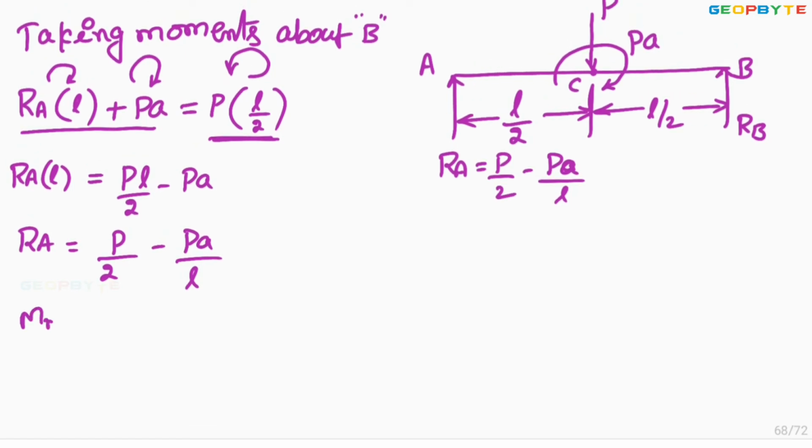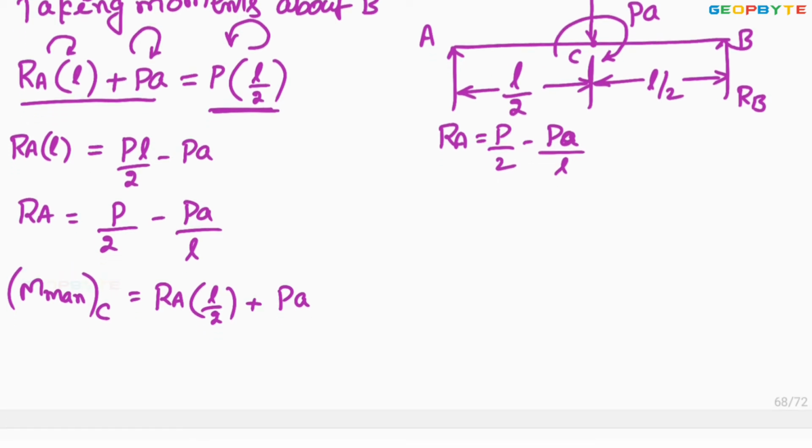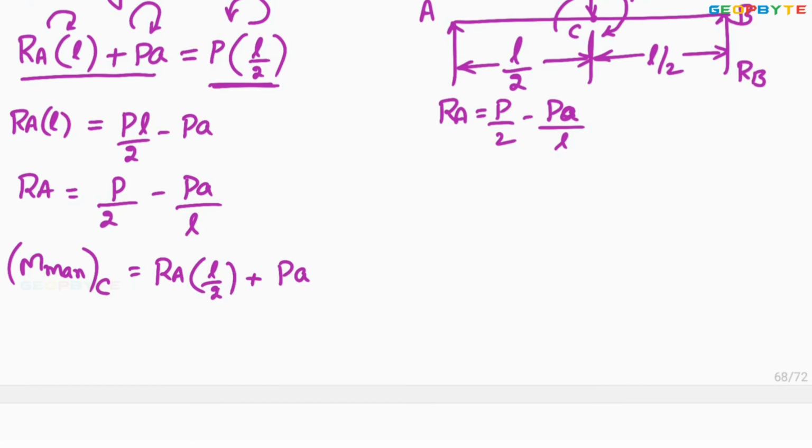Maximum bending moment at C is equal to RA into the distance up to C, that is L by 2, plus PA. PA is also the clockwise moment. Then it can be written as RA into L by 2 plus PA, what is the RA?